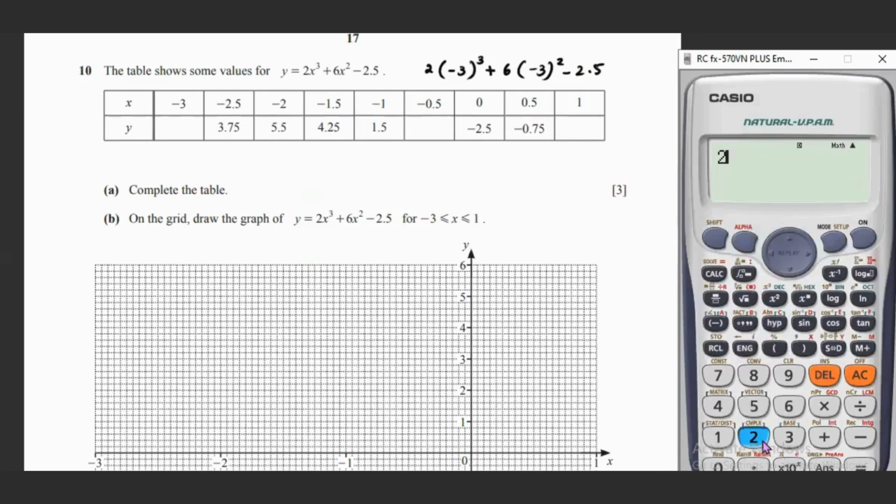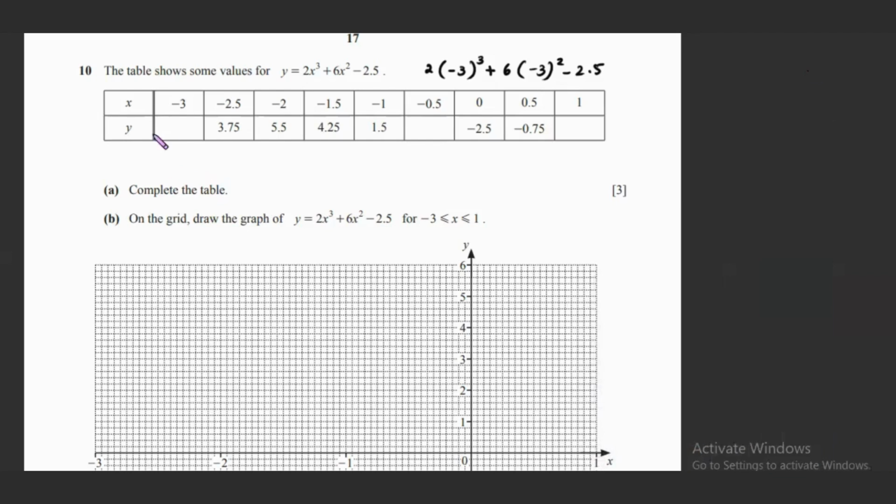So it's 2 times -3 cubed, and then add 6 times -3 squared, and then minus 2.5. When I do this, I get minus 5/2. This minus 5/2 as a decimal is minus 2.5. So I know that this value is minus 2.5.